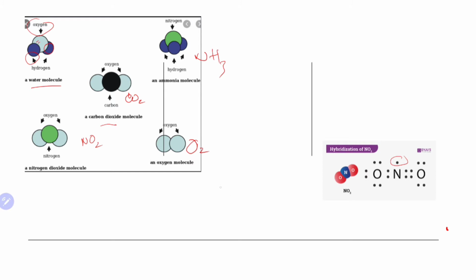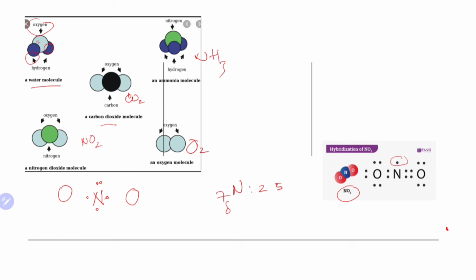N is number 7, so the configuration is 2 and 5. Firstly you draw the symbol of nitrogen with 5 electrons: 1, 2, 3, 4, 5, and there are two oxygen. Here we want to draw the NO2, so there are two oxygen.